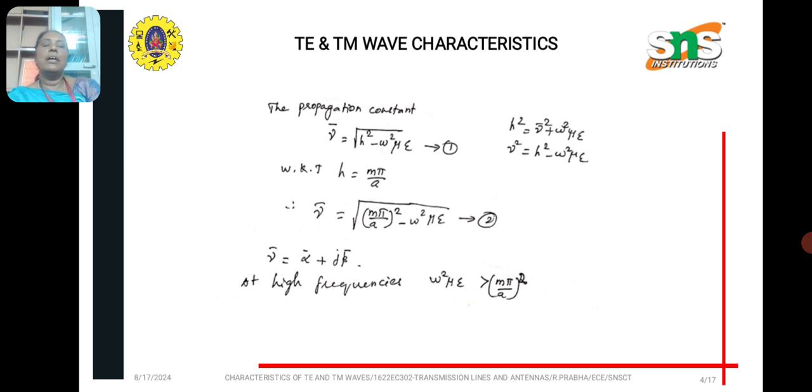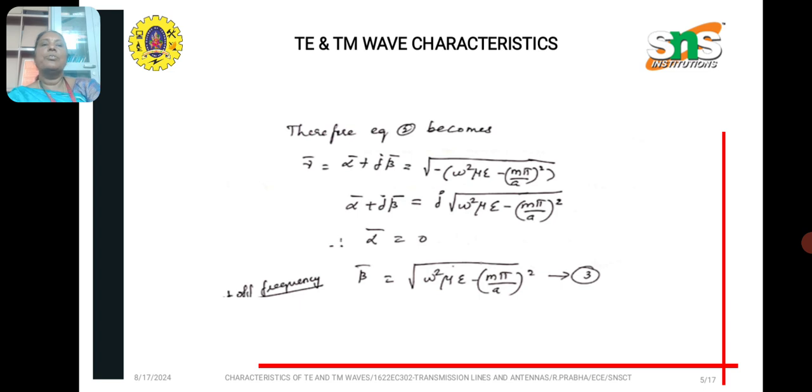So under high frequency, the term which contains omega is greater than (m pi by a) the whole squared. So we can write gamma as the root of minus of (omega square mu epsilon minus (m pi by a) the whole squared). This minus is taken outside, so root of minus is j.